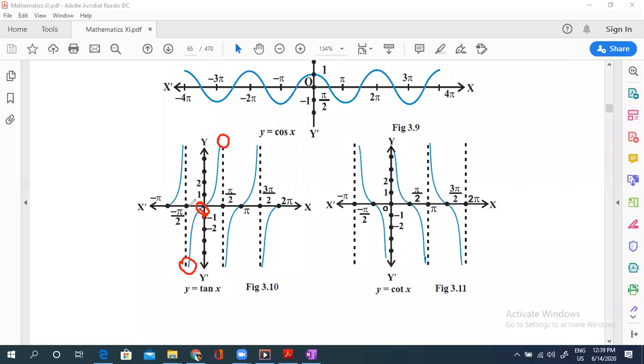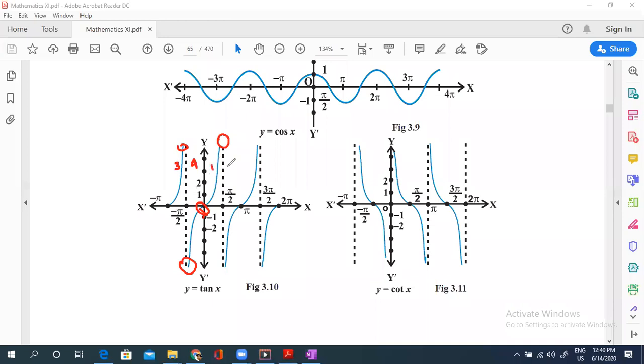0 to minus pi by 2, it is in fourth quadrant. Minus pi by 2 to minus pi, that will go in the third quadrant, right? See, this is just before minus pi by 2, which is the third quadrant. Just after minus pi by 2, in the fourth quadrant, see what happened? It became positive, plus infinity. So this is your fourth quadrant and this is your third quadrant. Got it, Avya?